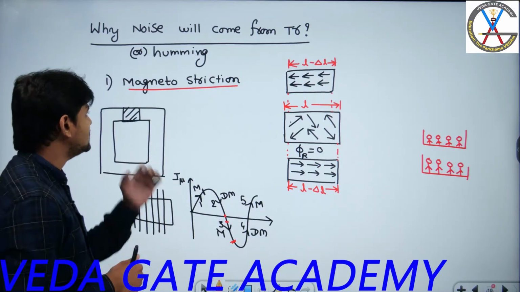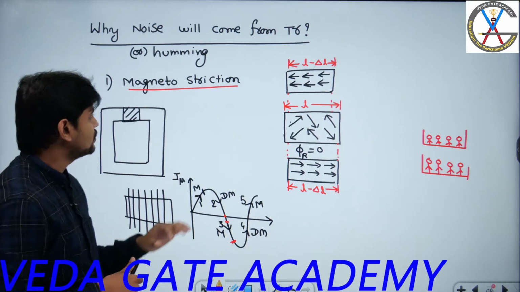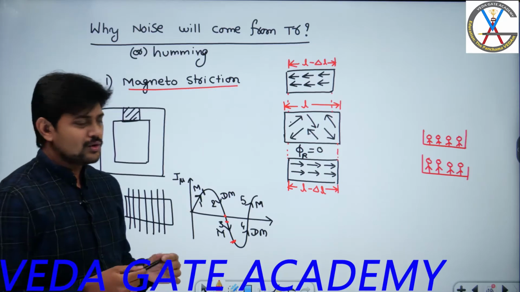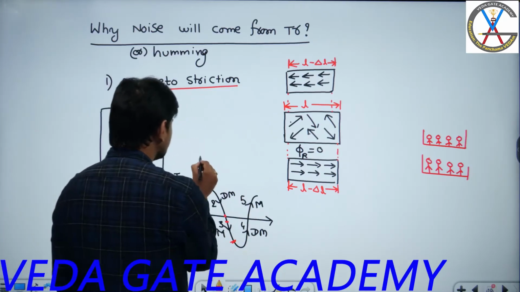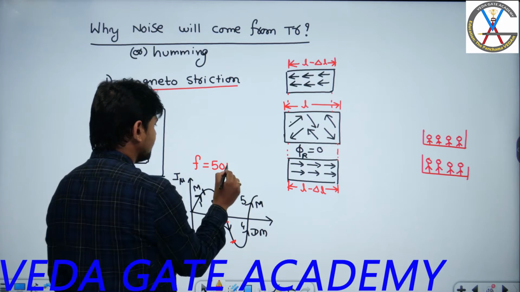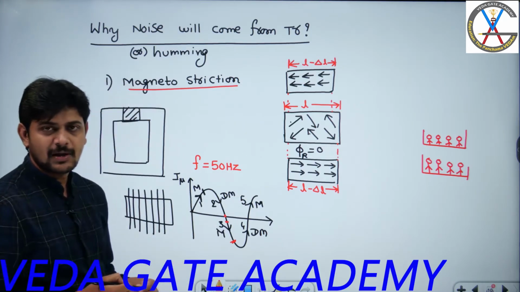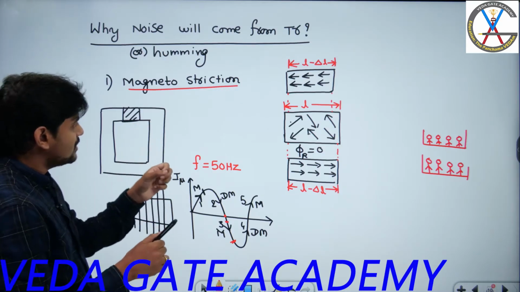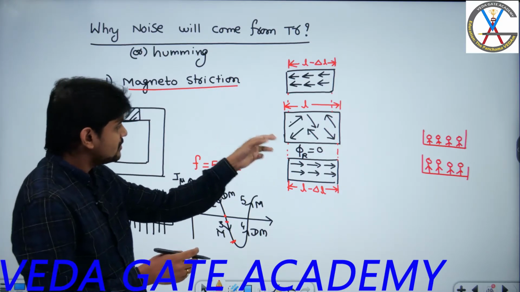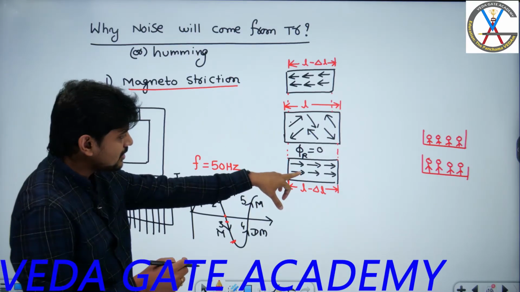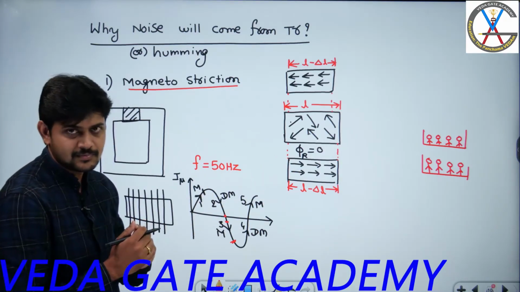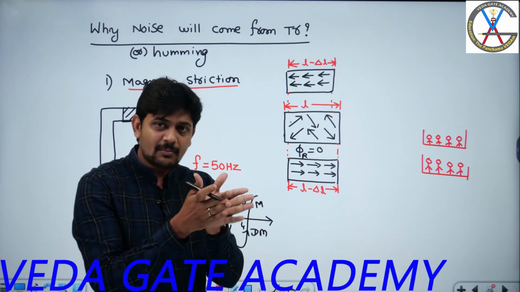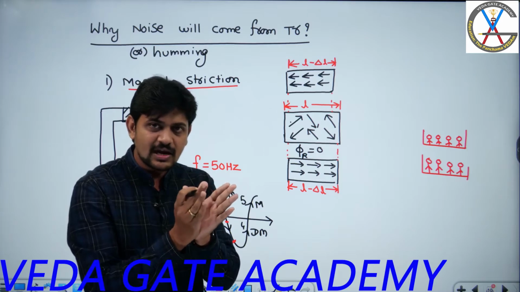Now what will happen if this phenomenon is happening? If I am giving a frequency of supply as 50 Hz, then generally the dimensions of these dipoles, or the dimensions of the magnetic material, are changing. So can I say the dimensions of the magnetic plates, or laminating plates, are slightly changing?